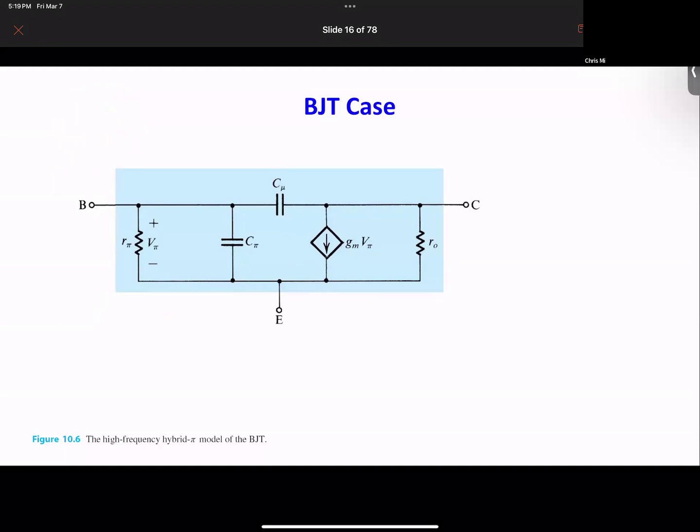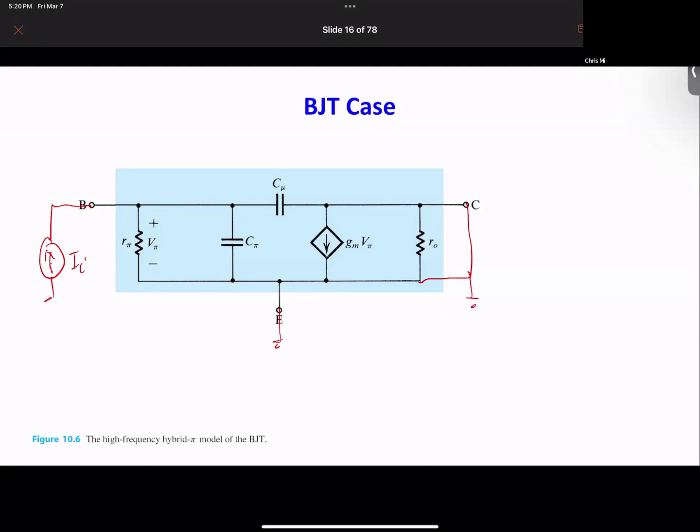or we can simply write the whole thing. But what we want to do is to find out the short circuit current gain. So to find the short circuit current gain, we'll need to apply current over here, and then we're going to ground here, and ground here as well.